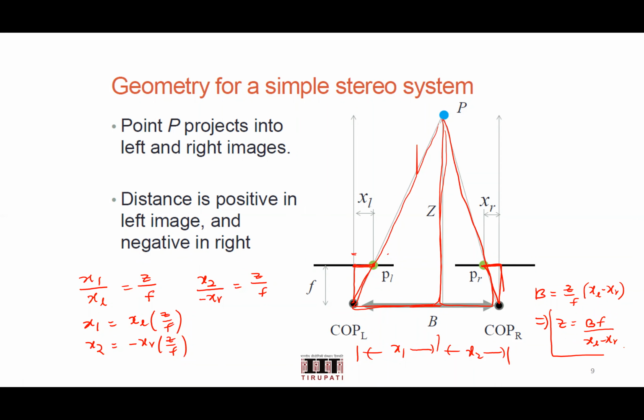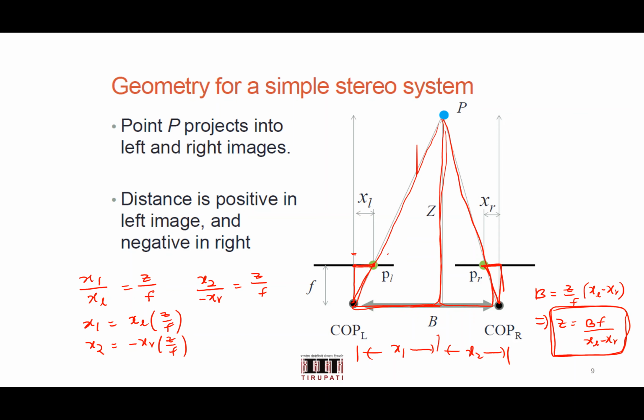So what is this equation telling you? Can you relate it to the disparity and tell me the interpretation? XL minus XR is the disparity, correct. There is a pixel at XL and the other at minus XR, so XL minus XR gives you the disparity. The higher the disparity, the smaller the Z value, meaning the object is closer to the camera.